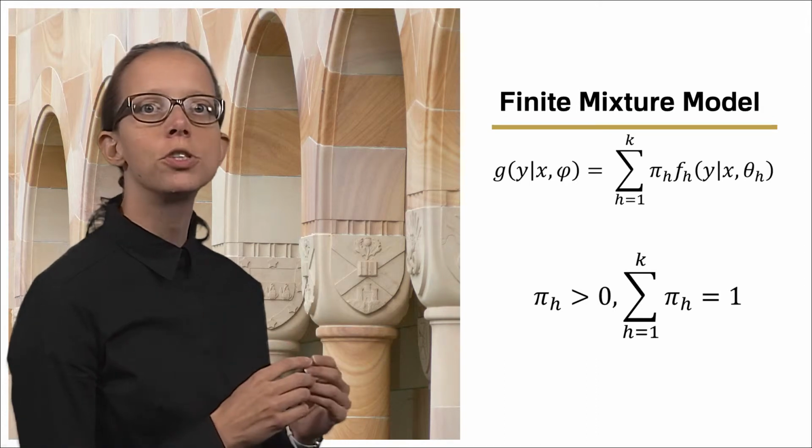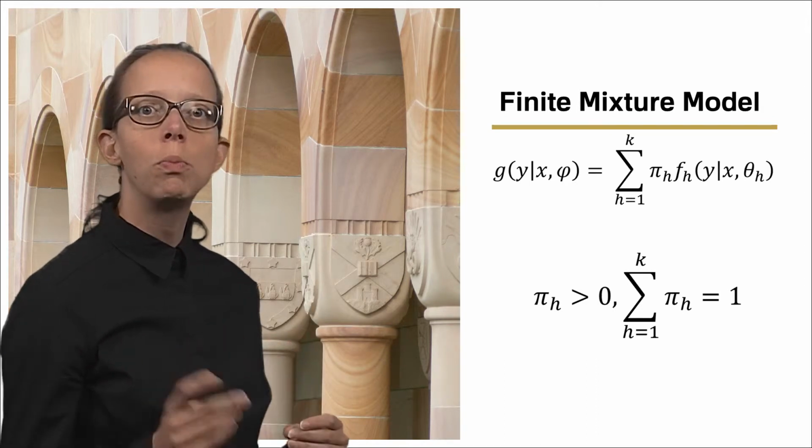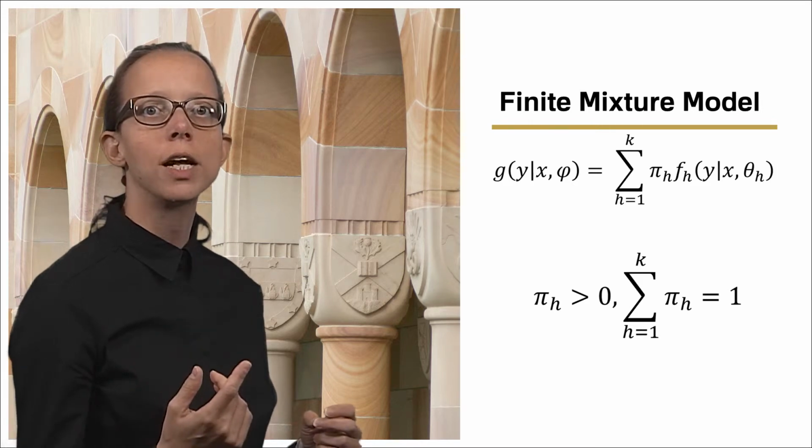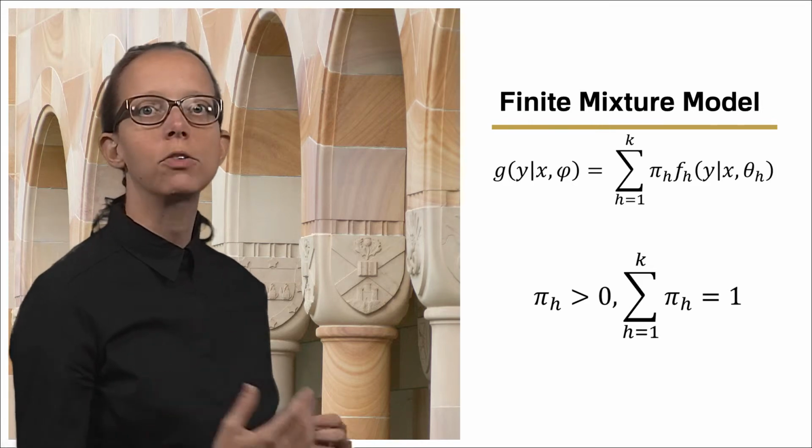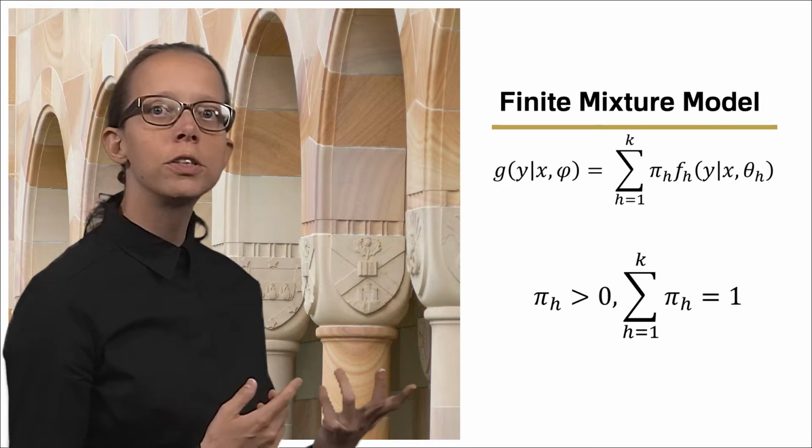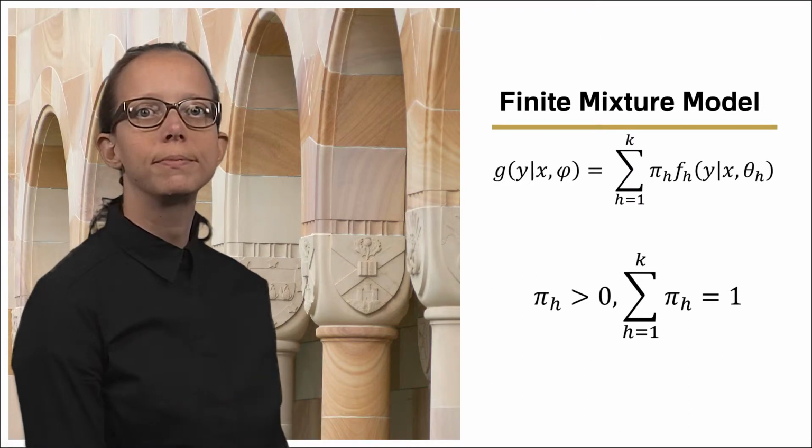A common approach is to use maximum likelihood combined with an expectation maximization algorithm, also called EM algorithm. An alternative is to use Bayesian estimation. Whichever approach we choose, once we have estimated the finite mixture model, we have determined values for segment sizes pi and segment-specific characteristics theta.